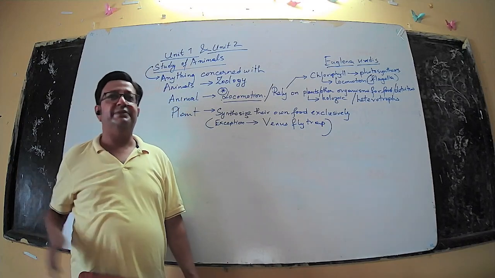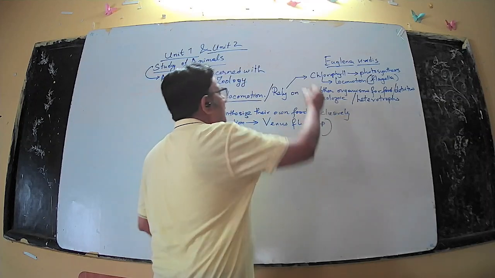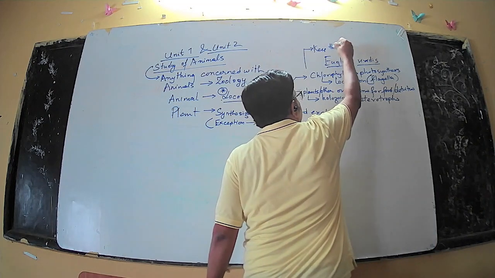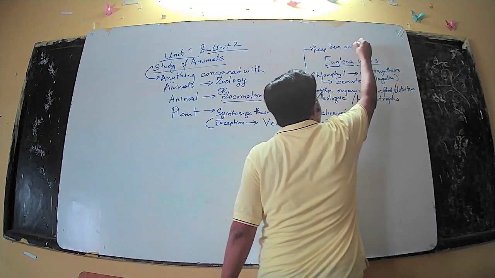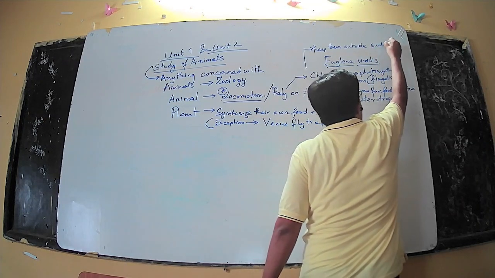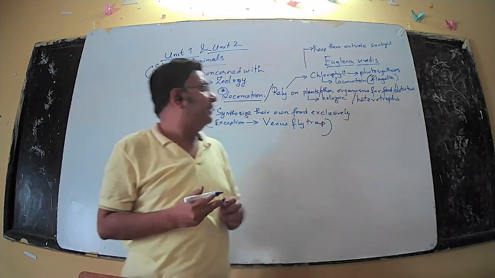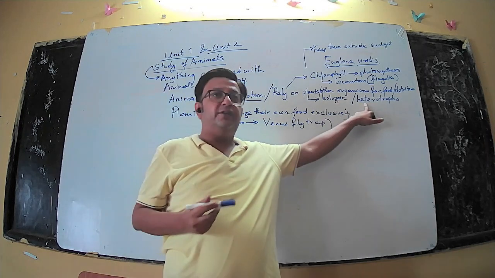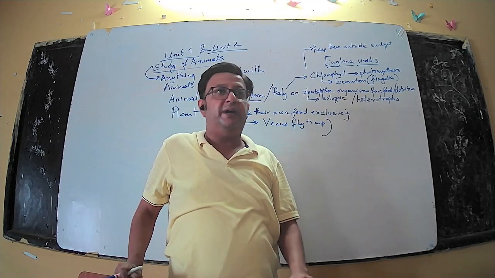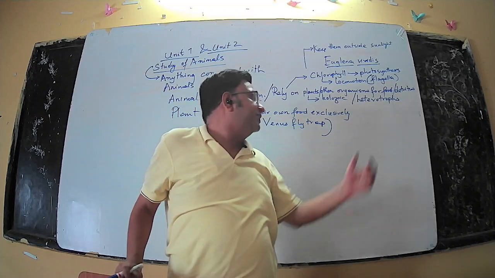You cannot call them plants. That is because when you keep them outside sunlight, that is, you don't give them any light, then they start their heterotrophic nutrition. They start depending upon other organic matter in the surroundings, which no plant will do.